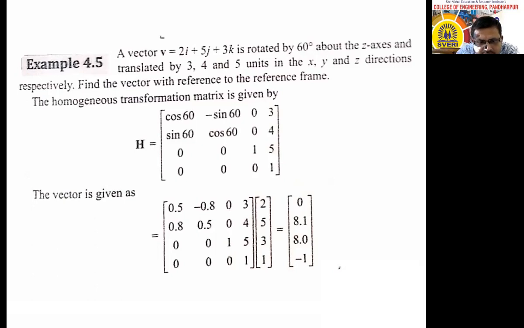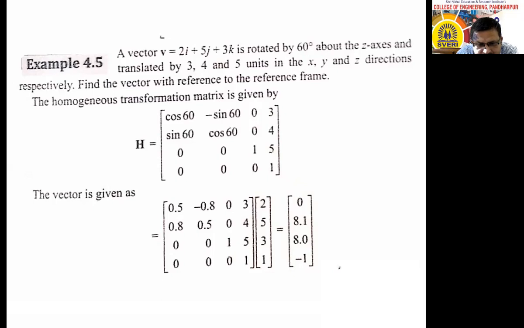The homogeneous transformation matrix is given by H is equal to the matrix of cos 60, -sin 60, 0, 3; sin 60, cos 60, 0, 4; then 0, 0, 1, 5; then 0, 0, 0, 1.